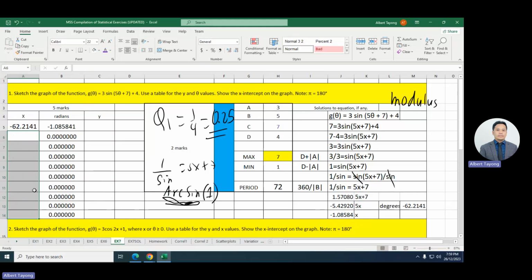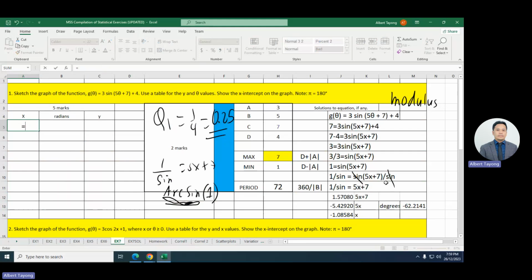Okay, so let me repeat this. See, this one is negative 62, right? From where is negative 62? From here. So again, equals, select this, enter. Now, equals period. What's the period? Times 0.25, the first quartile, right? Plus what? This.